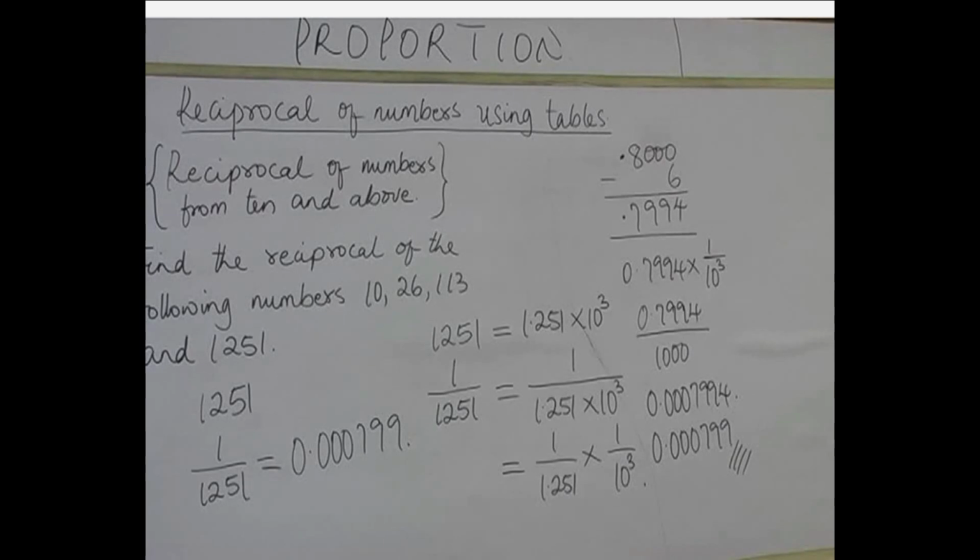That gave us the value we now used and went on in our multiplication, and now got the grand final answer being 0.000799, corresponding to the value we had when we used calculator to calculate the reciprocal of 1251.